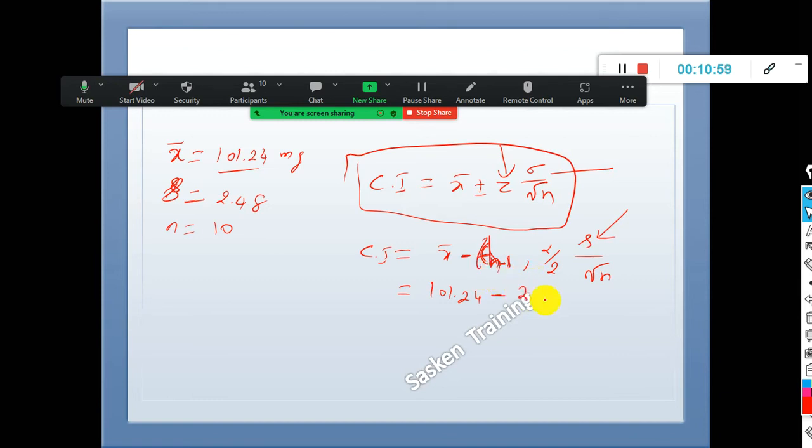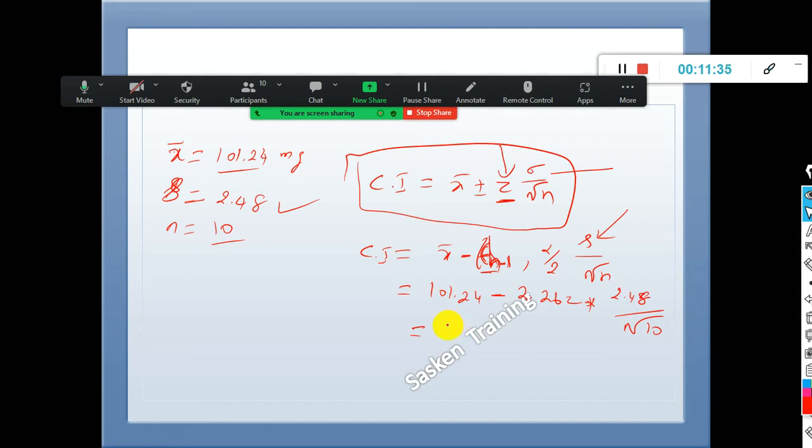Since I have worked in statistics for a long time, I know the value: 2.262, into my standard deviation 2.48, divided by square root of n. What is the sample size? 10 here.